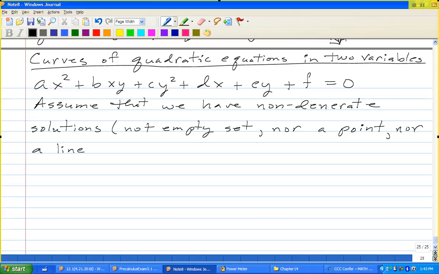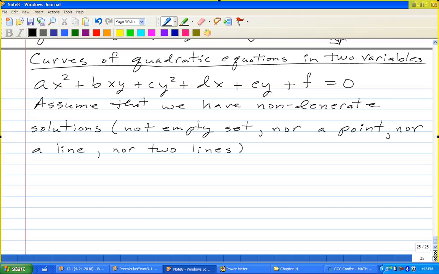Nor two lines, like the absolute value of y equaling 2x. So you could have either two lines, one line, one point, no points at all. That would be called the degenerate solution. We don't want those. We want something.